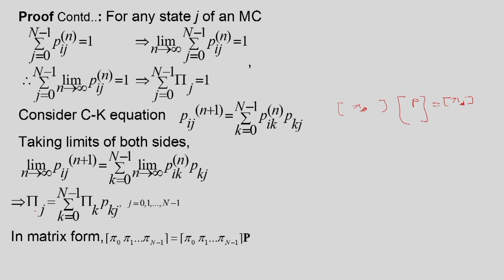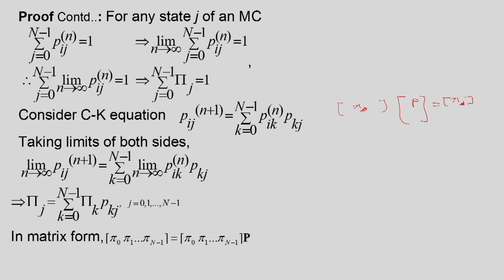So, that way we arrived at the equation that the steady state probability after a one step transition will give the same value. So, in matrix form we can write this row matrix pi_0, pi_1 up to pi_(n-1) is the same as pi_0, pi_1 up to pi_(n-1) multiplied by P. So, that way we prove the theorem.